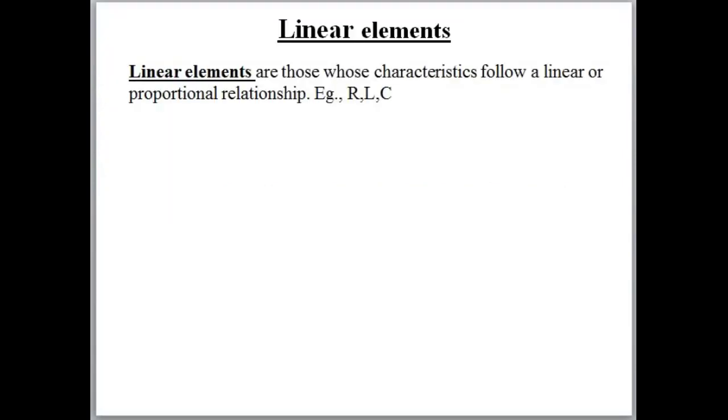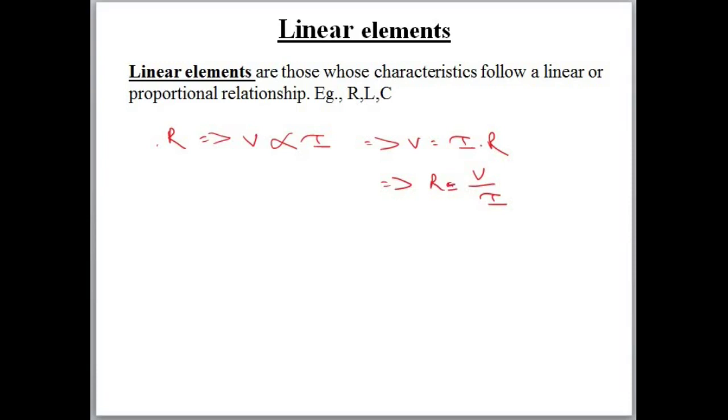So first we will see linear elements. What are linear elements? The definition is: linear elements are those whose characteristics follow a linear or proportional relationship. In resistance, for a resistive circuit, V is proportional to I, or we can write V = I × R, or R = V/I.